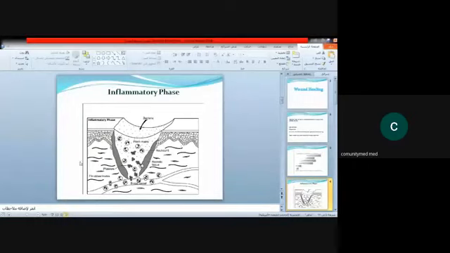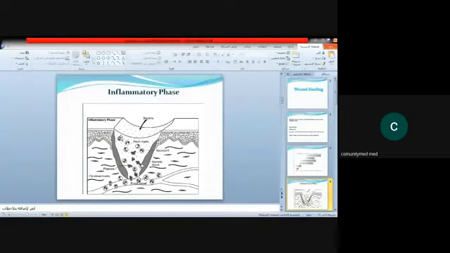What happens in the inflammatory phase? As we said, the blood will fill the gap between the ends of the skin tissue, and as we know, there is fibrinogen inside the blood plasma. Because of bleeding and clotting, this fibrinogen will convert to fibrin, and this fibrin will polymerize and form a fibrin matrix.